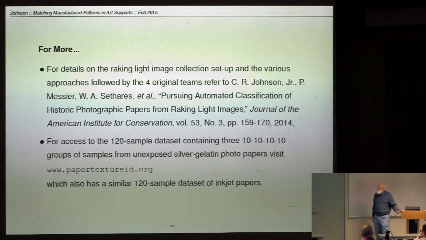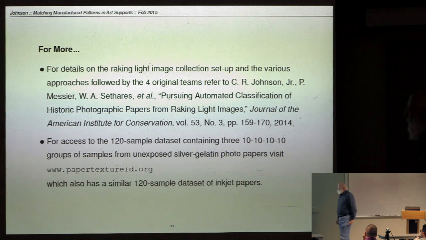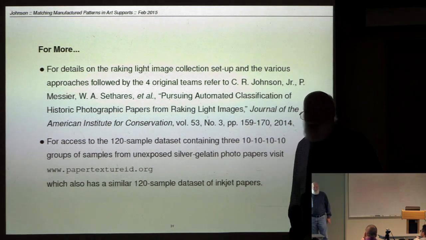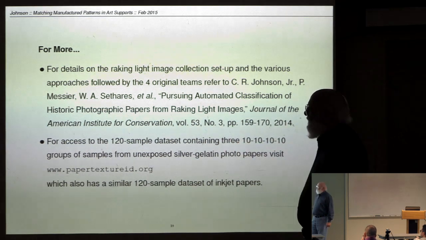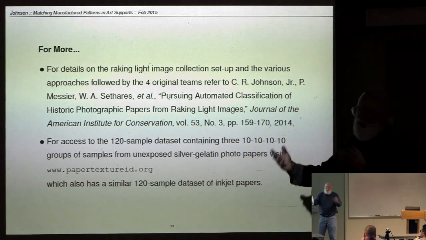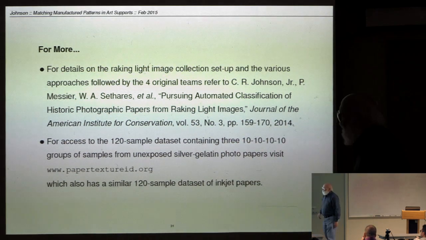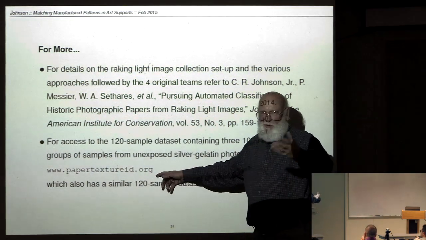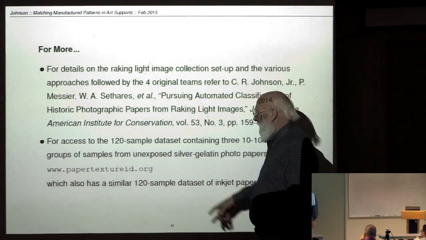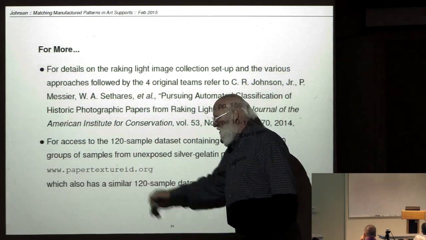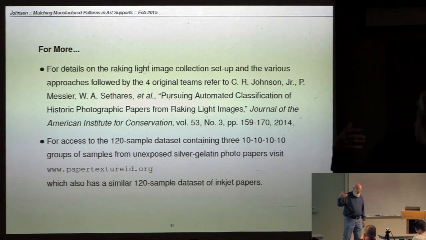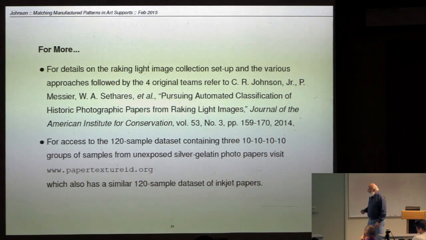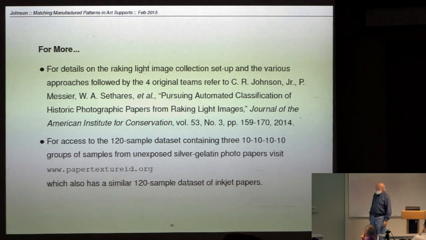There's a paper you can read with 21 authors, which is very unusual in the art history literature, in the Journal of the American Institute for Conservation, where we put forth this idea. And we have a website that's been established by the fellow that owns all these pieces of paper, called papertextureid.org. And so there's 120 black and white or silver gelatin samples, and then there's 120 inkjet paper samples.